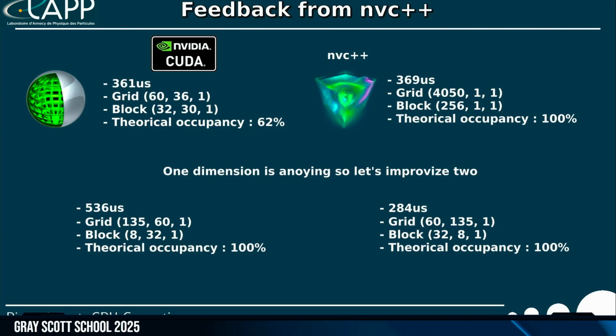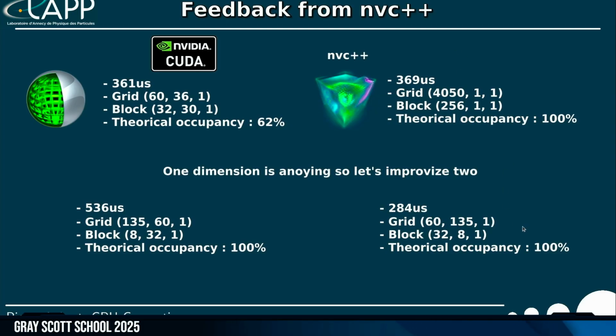Of course, NVC++ mainly and Thrust often use 256 as the block size, mainly in 1 dimension. So we want to do the same, but in 2 dimensions. And you see that the block is really long, in fact, in that case. So 284. So we beat the classic NVC++, but of course, NVC++ could be better.